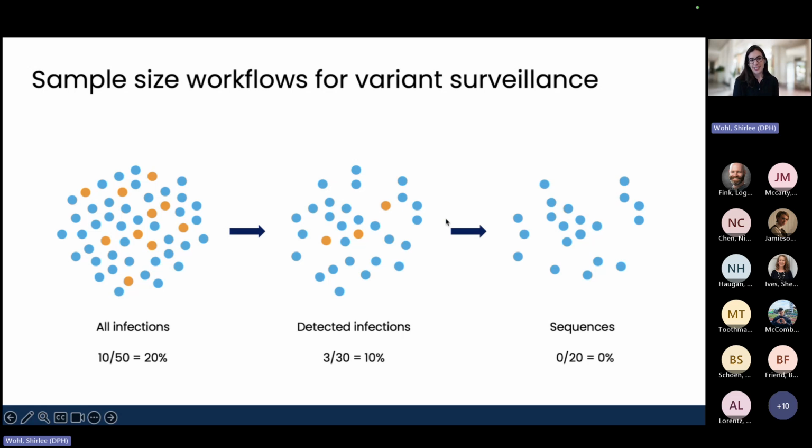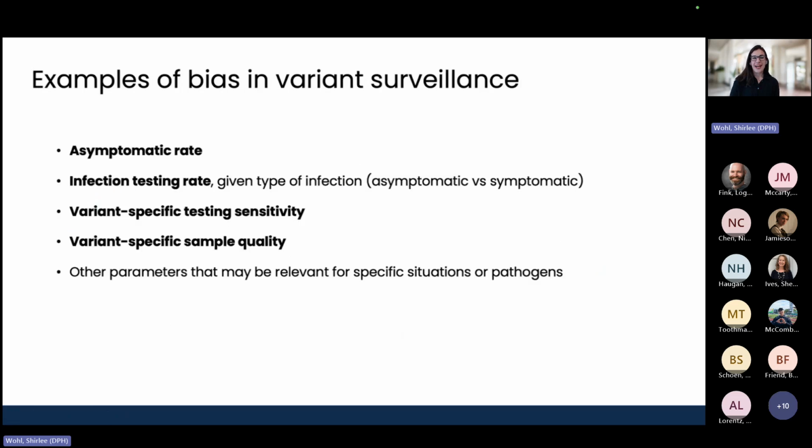I imagine that this group could come up with a bunch of reasons why that might happen. A few that I came up with were if the blue and the orange variants had different symptomatic rates, so that you're more likely to be testing one of them than the other, which means one of them is more likely to show up in the lab than the other.